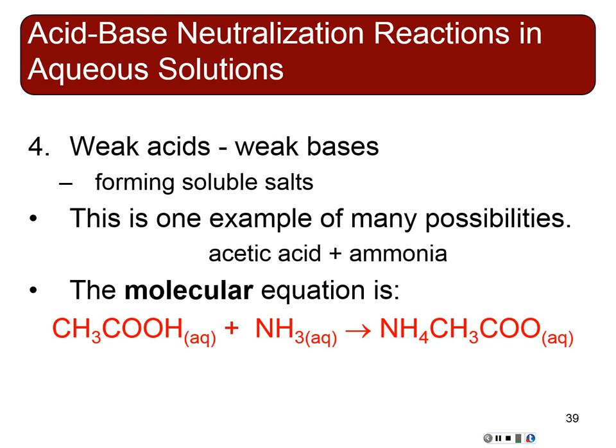If you think about the molecular equation here, if we donate a proton, this becomes NH4 plus, right? If this loses a proton, what does it become? CH3COO minus, right?